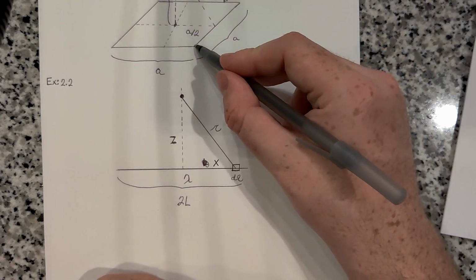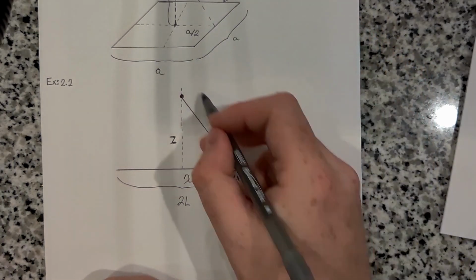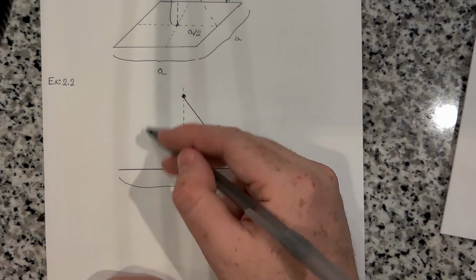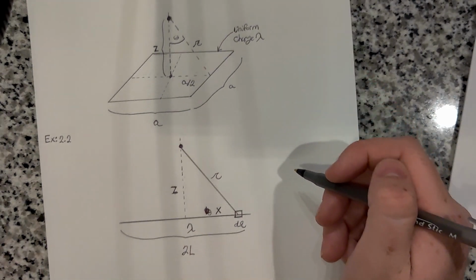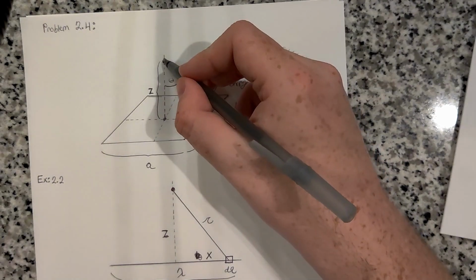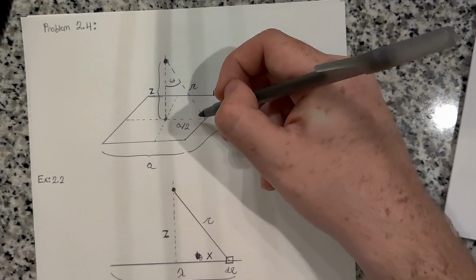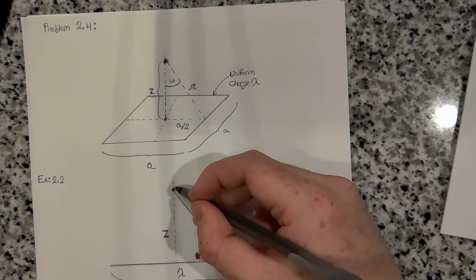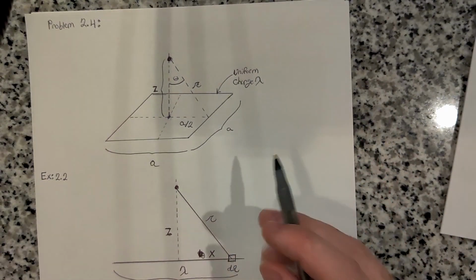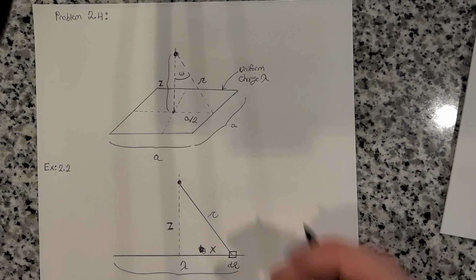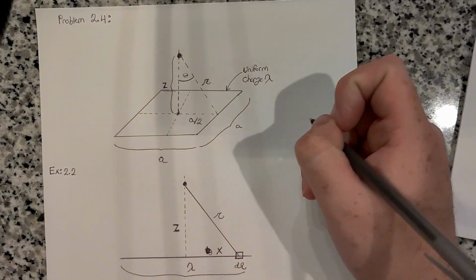And if we can figure out what the electric field is due to this configuration, then it's merely a problem of a substitution, a change of variables, when we move the point away from being directly above the wire and push it back out towards the center.